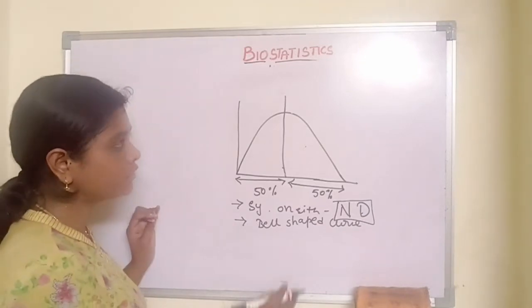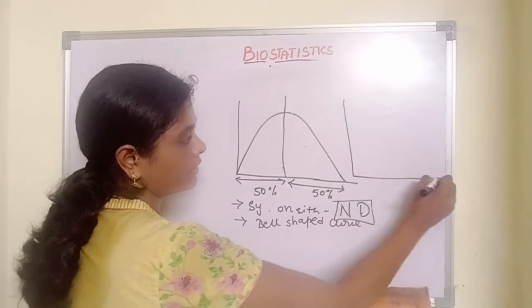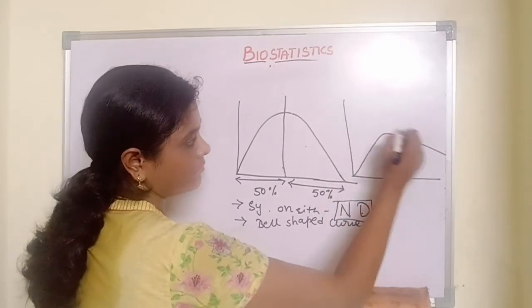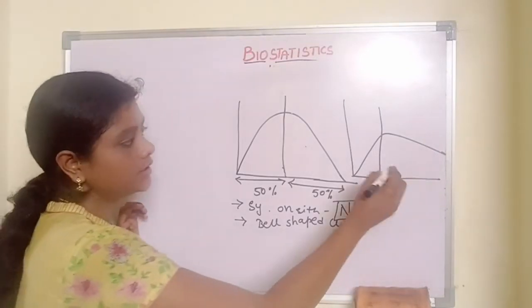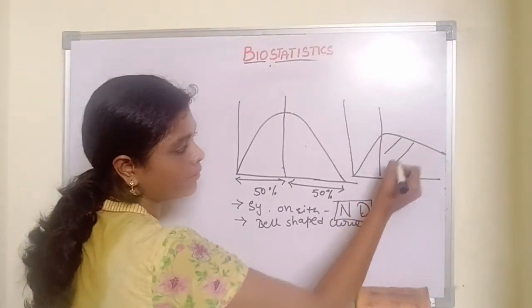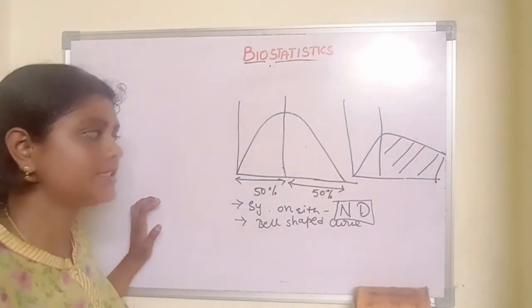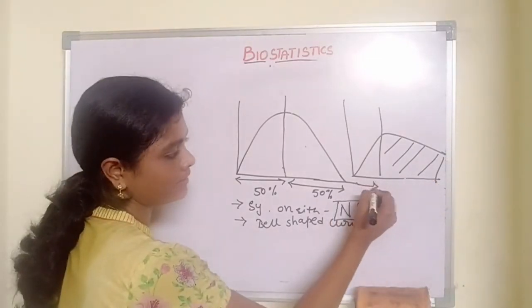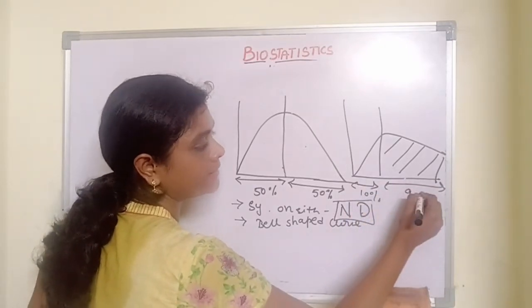So what is skew distribution? Here it is the center and the graph is continuing. There is more data falling on the left side of the center. For example, this is only 10% and this is going to be 90%.